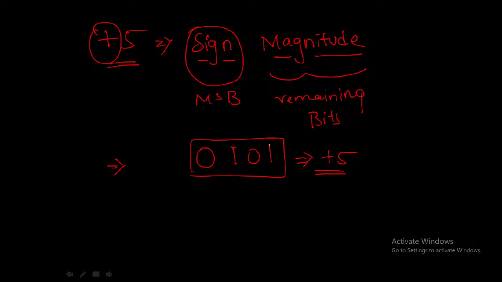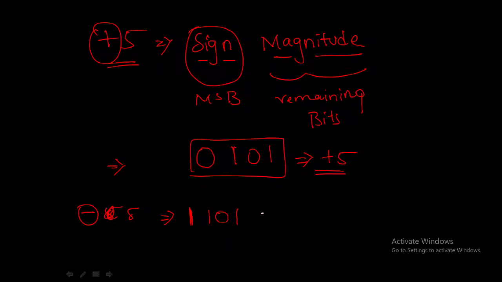Now similarly, how do we represent minus 5 in sign magnitude representation? For the minus sign, in the MSB we keep 1, followed by the magnitude. The magnitude of 5 is 1, 0, 1.